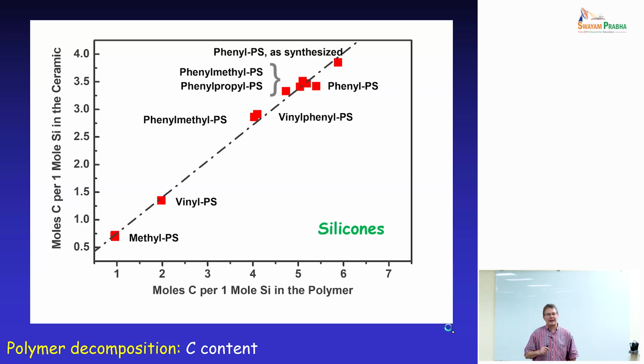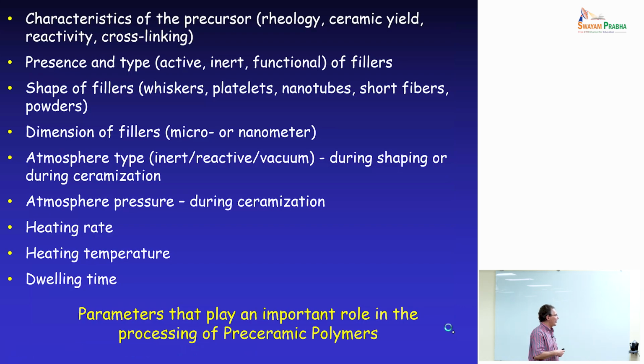I didn't mention that if you want to make a silicon carbon oxygen material, there's no other way than using a preceramic polymer. If you try to do that starting from silicon carbide powder and silica powder, you are not able to obtain a silicon oxycarbide material because it's not thermodynamically stable. So there are a lot of parameters that play an important role in the processing of preceramic polymers.